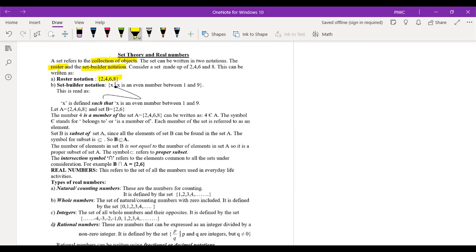So you have the bracket and 2, 4, 6, 8. Okay, that's the roster notation. So basically, if you think of the roster notation, you are listing.